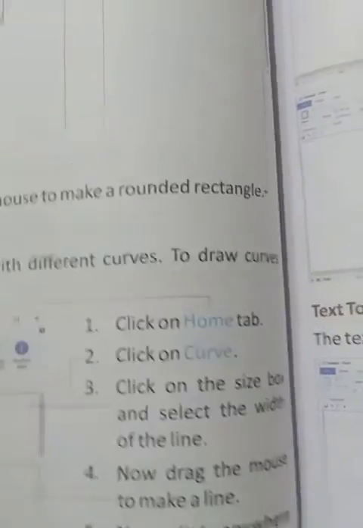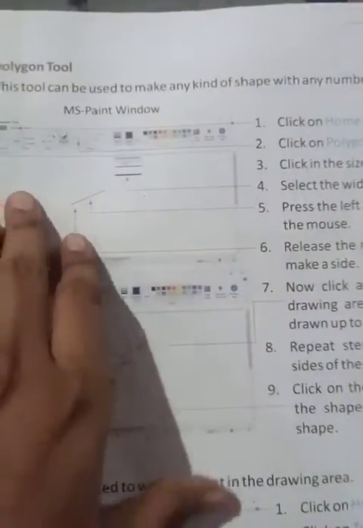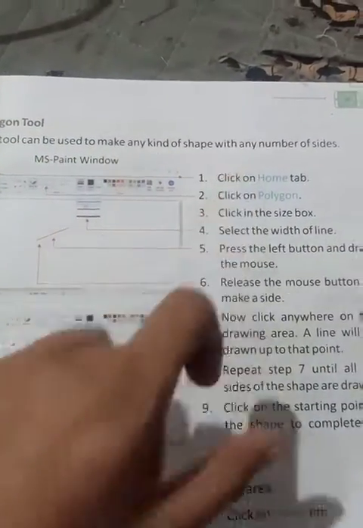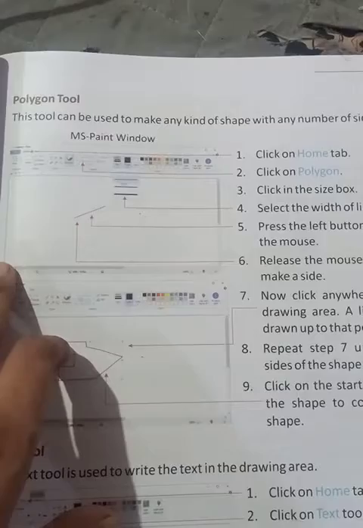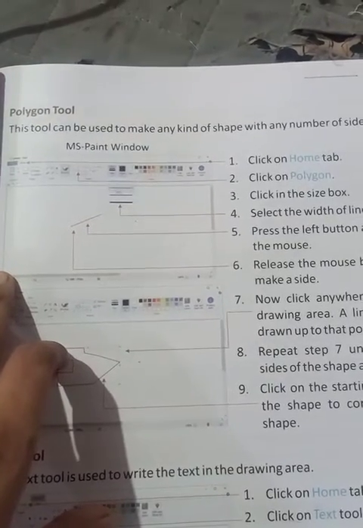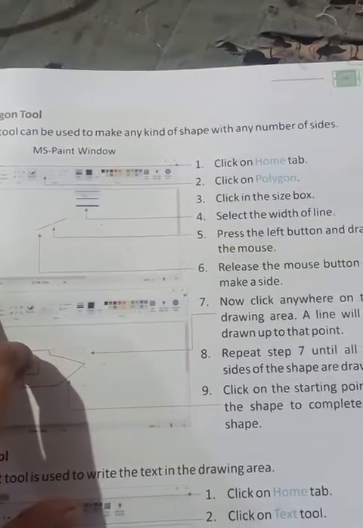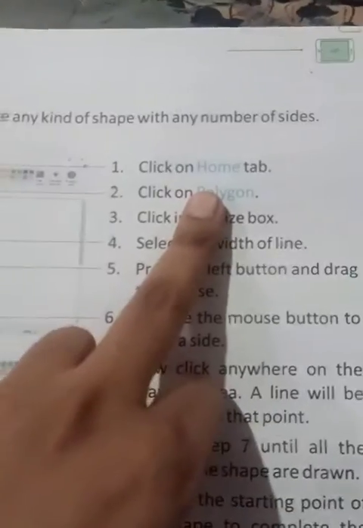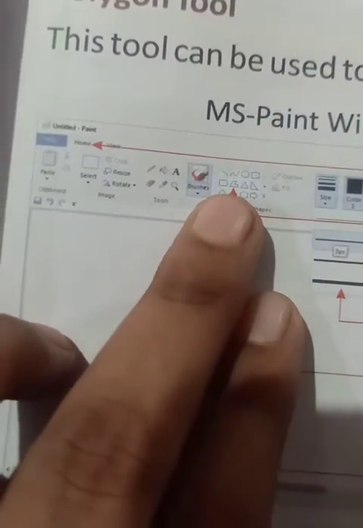Then come to the polygon tool. This tool can be used to make any kind of shape with a number of sides. How will we make it? We will go to the home tab, then click on polygon. This is the polygon symbol.